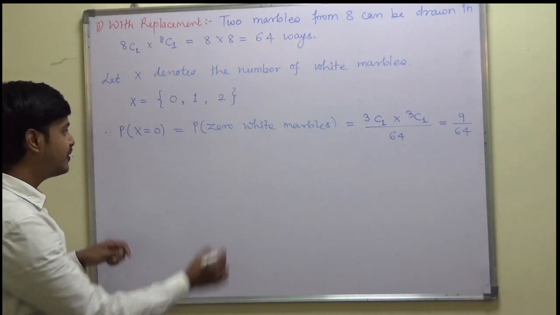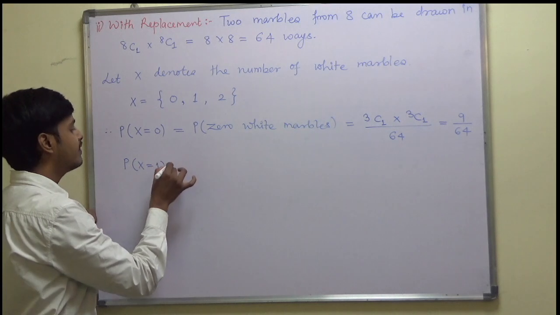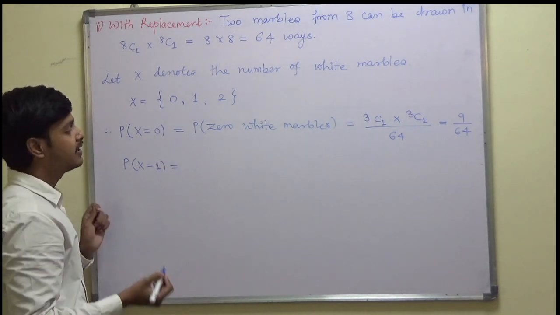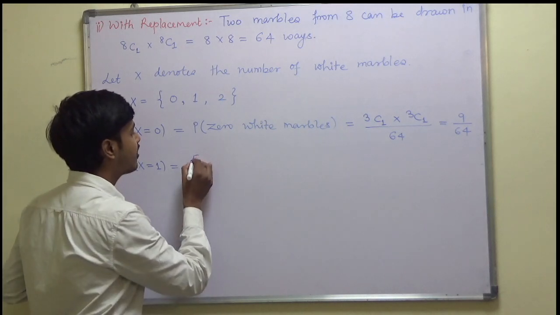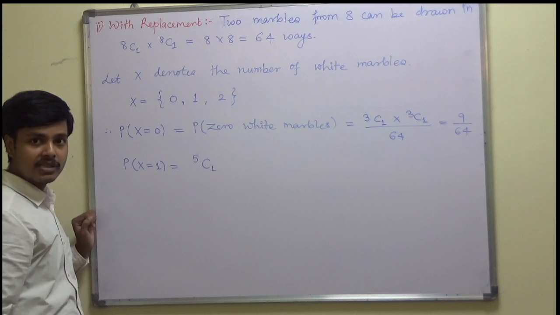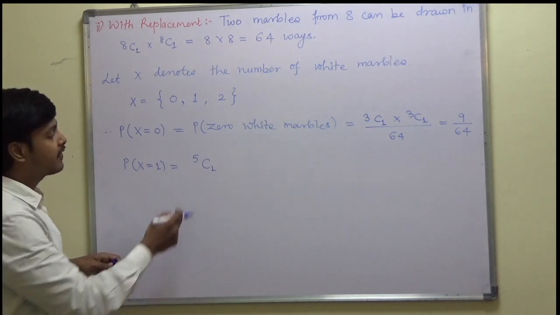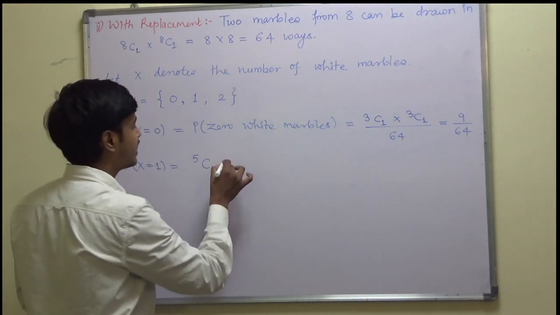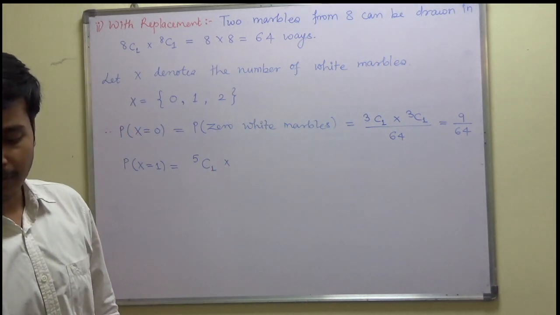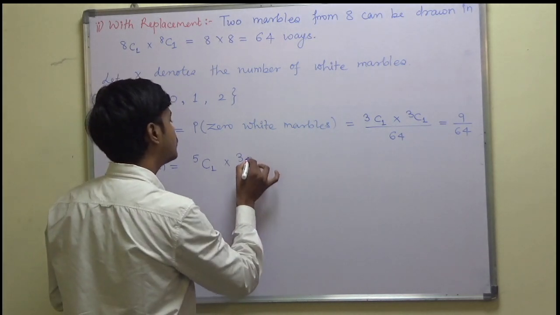Okay, now similarly you can find out probability of 1 white marble. So probability of 1 white marble can be done in how many ways? We have 5 white marbles. It can be taken out in 5C1 ways, then again put it back, and then one would be a black marble. So it can be done in 2 ways.